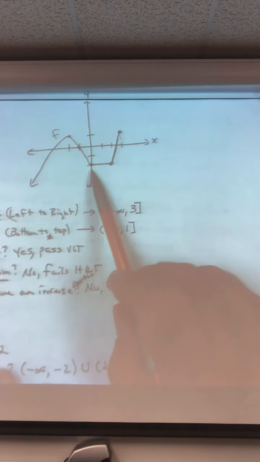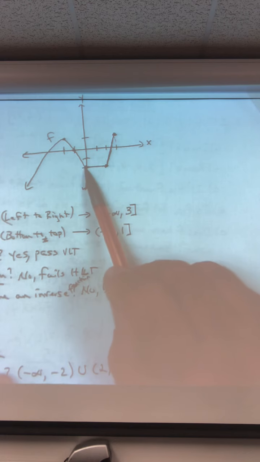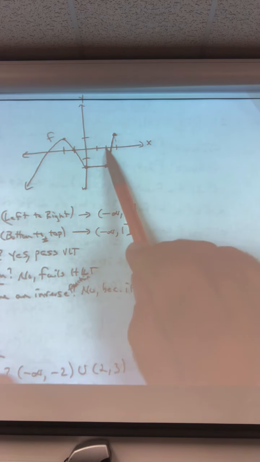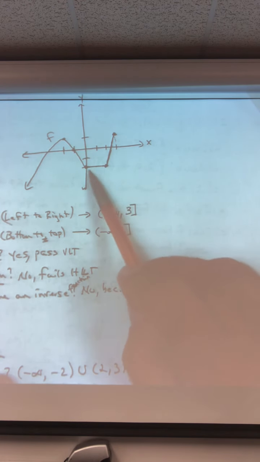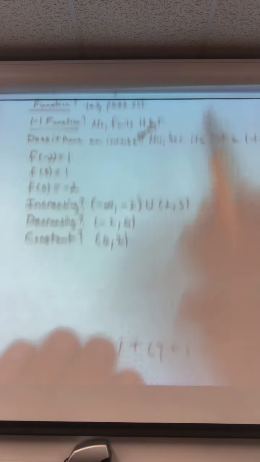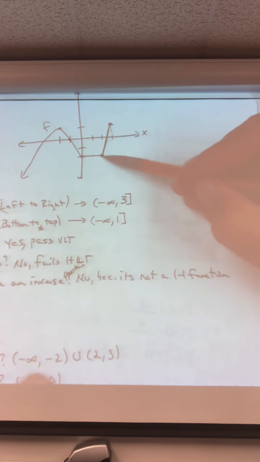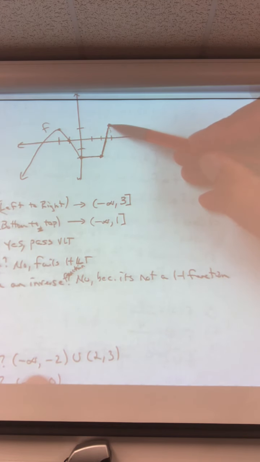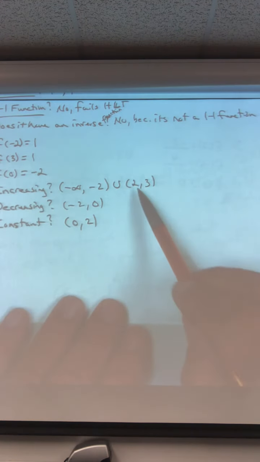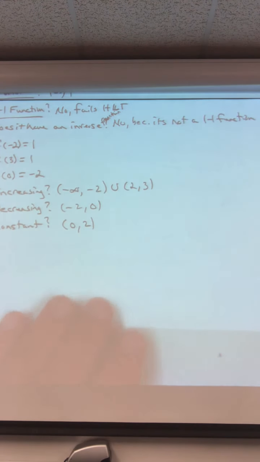Then when you leave 0, you're going straight across. And you stay at 0 till you get over here to 2. 0 to 2, you're constant. And then when you leave 2, you're increasing again, and you increase till you get to right here, which is 3. So you're increasing from 2 to 3. So that's how increasing, decreasing, and constant works.